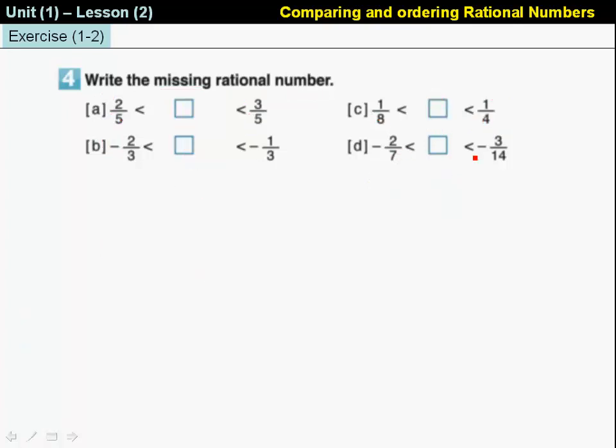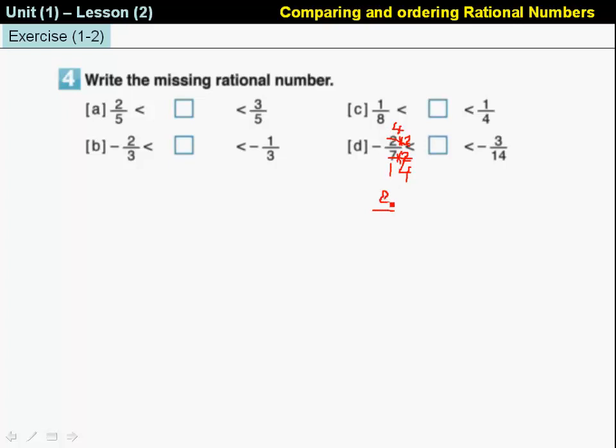For this one also the same as this, but here 7 and here 14. So 7 multiplied by 2 is 14. We must multiply 2 also by 2. This will give 4 over 14. 4 and 3, so we must multiply by 2.